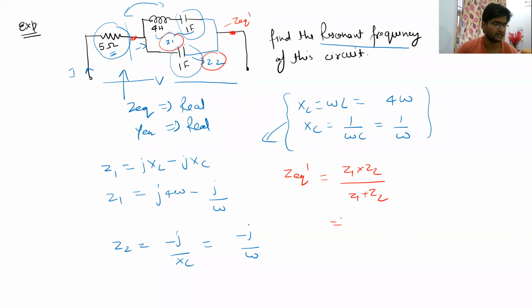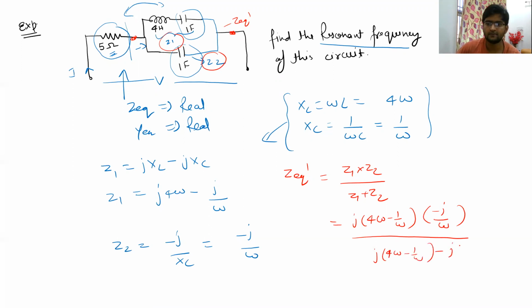So we can directly write it as J 4 omega minus 1 by omega into minus J upon omega, divided by J 4 omega minus 1 by omega minus J upon omega. So this is your Z equivalent dash.